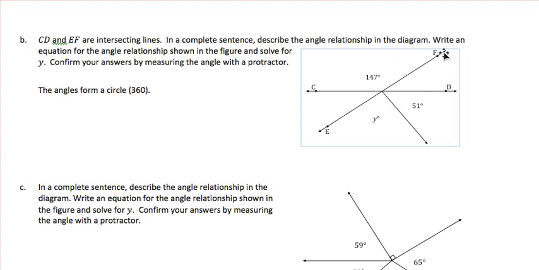If EF is a straight line, and we know 147 for this angle, they haven't labeled their midpoint, then that would mean this angle completes the line.